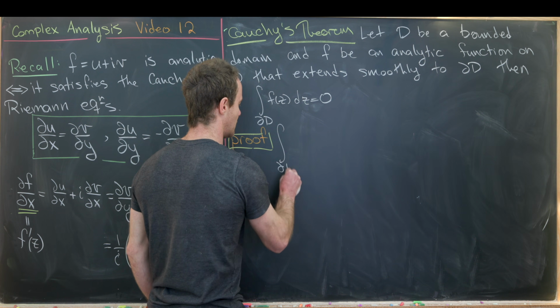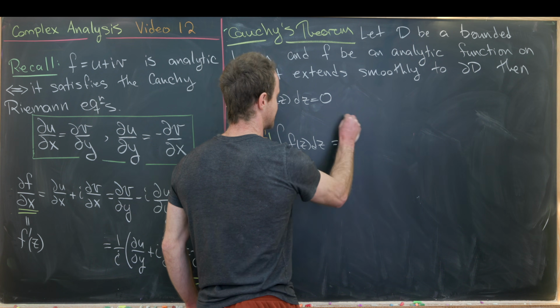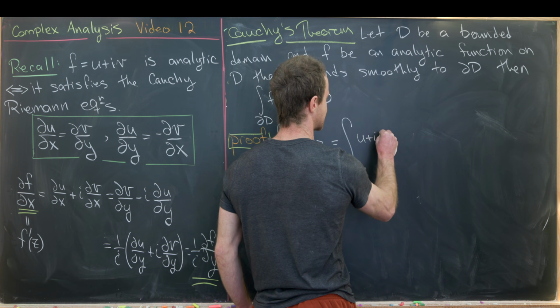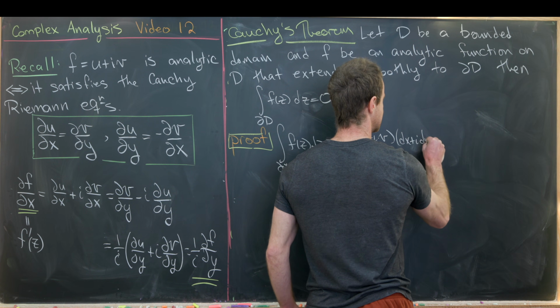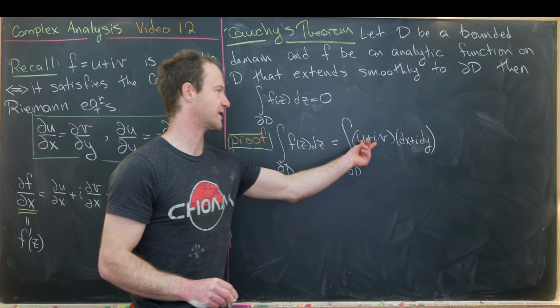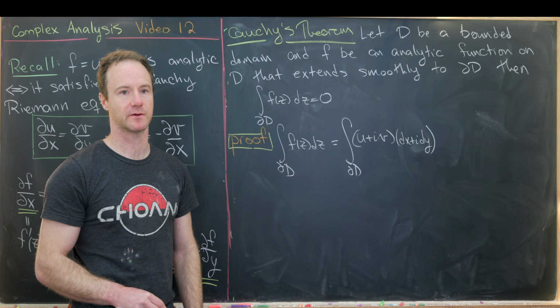We've got the integral over the boundary of D of f of z dz, which is the same thing as the integral over the boundary of D of (u plus iv)(dx plus i dy). So we've decomposed f into its real and imaginary part and dz into its real and imaginary part.